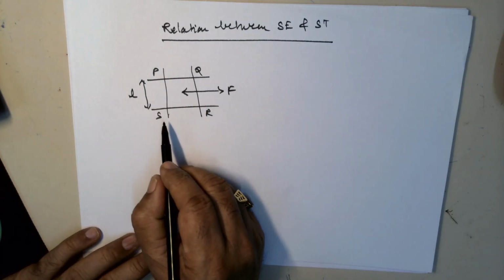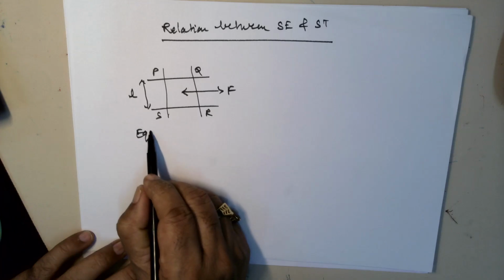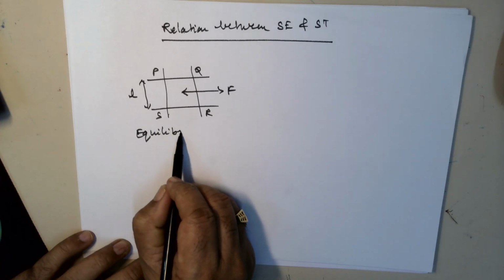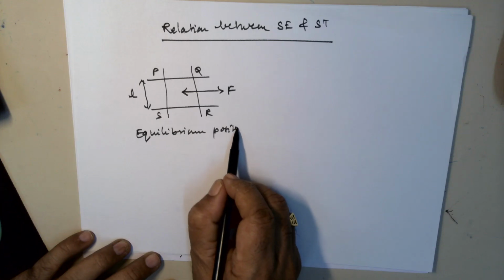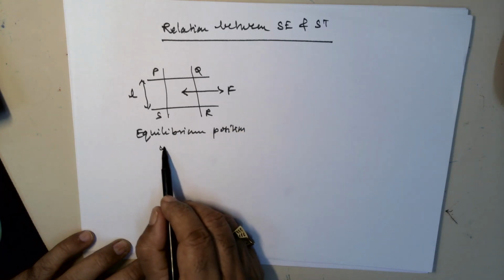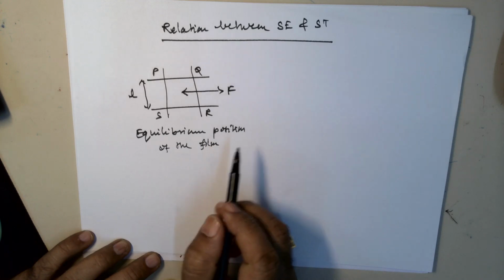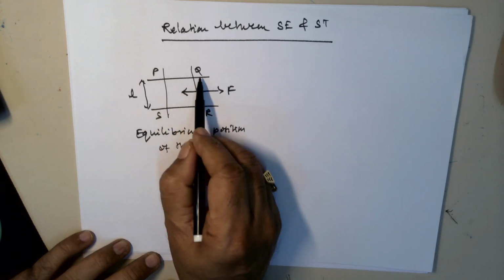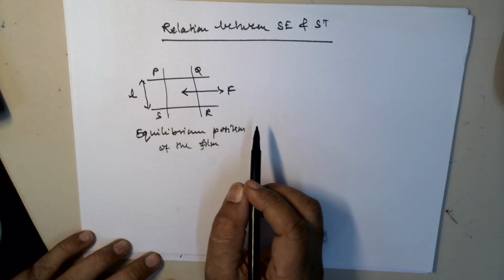So this is the equilibrium position of the film. It means a soap film is formed inside this rectangle.